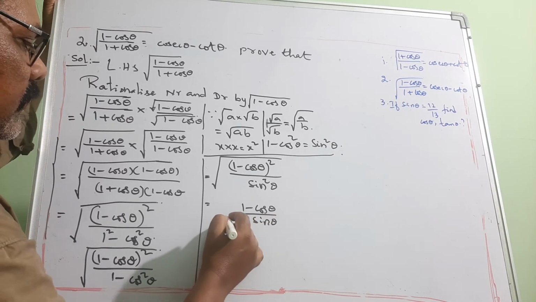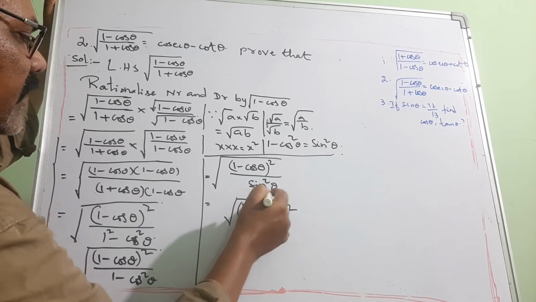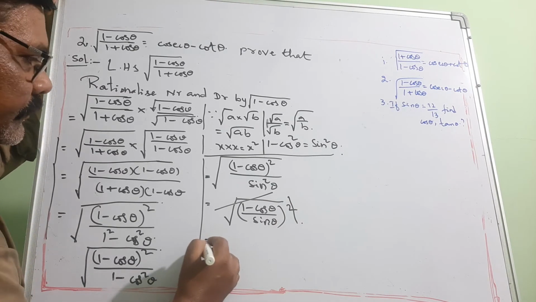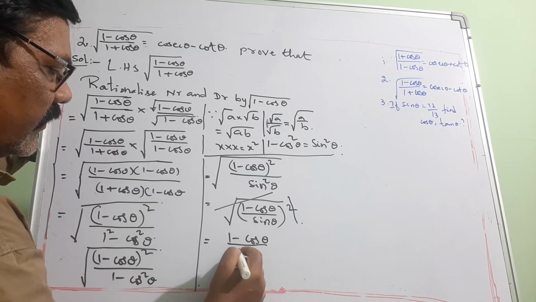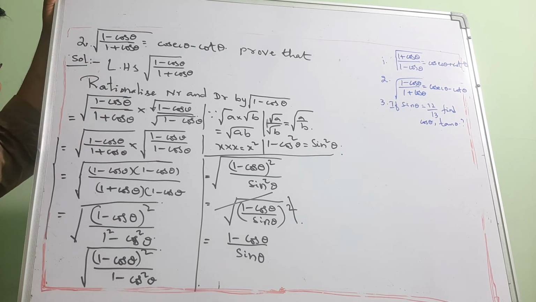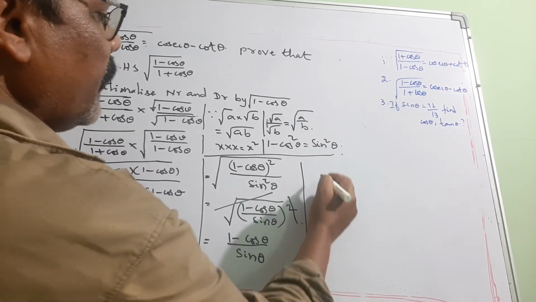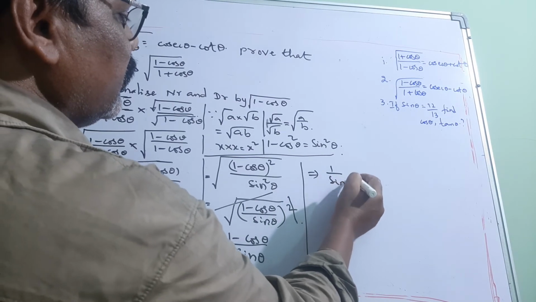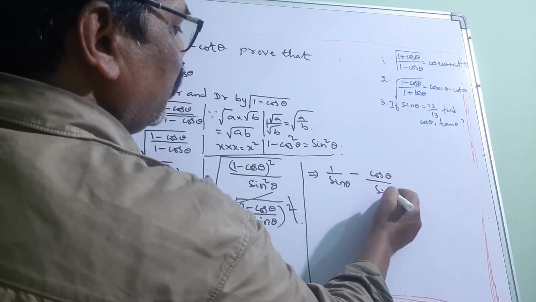So I can cancel the root and square. What is coming there? 1 minus cos theta divided by sine theta. We must split this numerator: 1 by sine theta minus cos theta by sine theta.